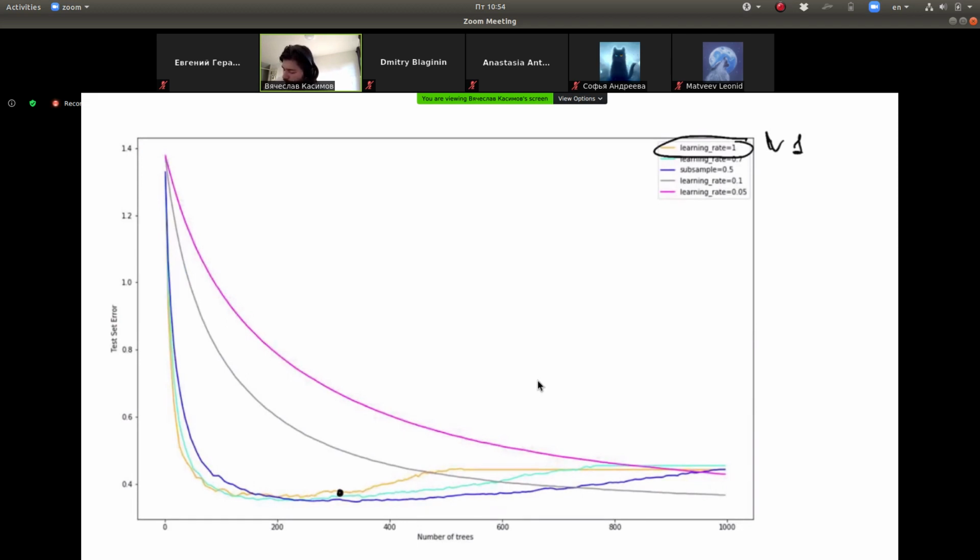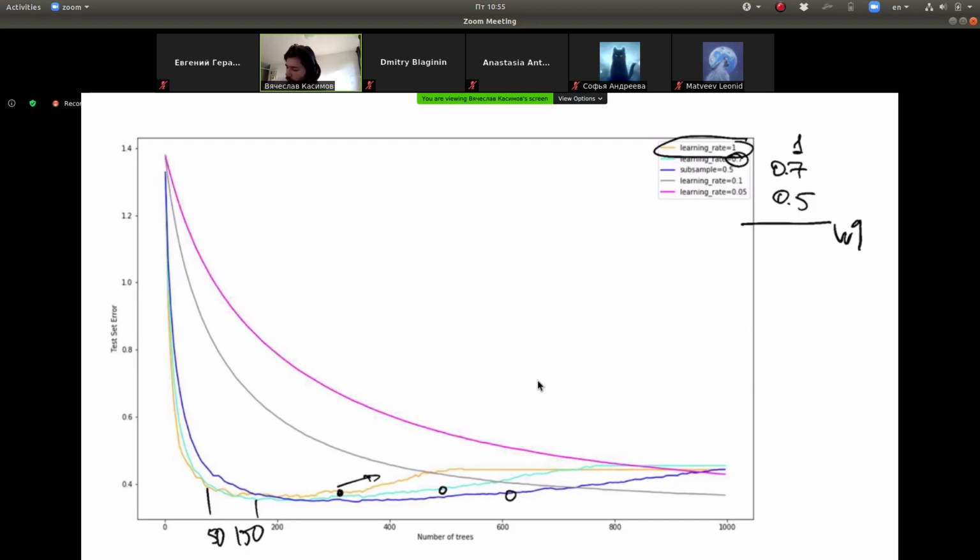Next, this blue one has a learning rate around 1, and this blue one is somewhat smaller. So this is a bunch of big learning rates, and the error starts to decrease very fast. But then the error starts to grow.